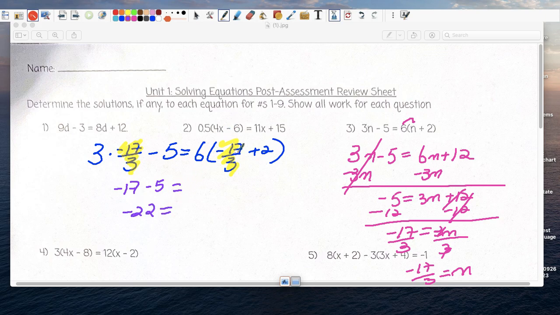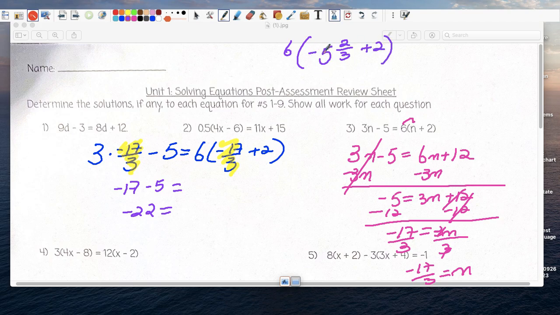On the right side, well, negative 17 over 3, I'm going to change that to a mixed number. It's actually the same thing as 3 goes into 17 5 times, I'm left with 2/3. So inside the parentheses, negative 17 over 3 is the same thing as negative 5 and 2/3, plus 2.